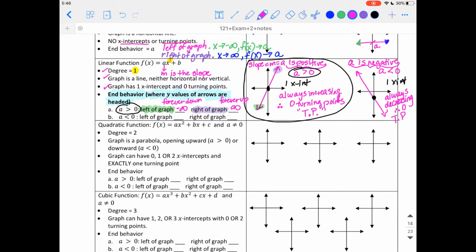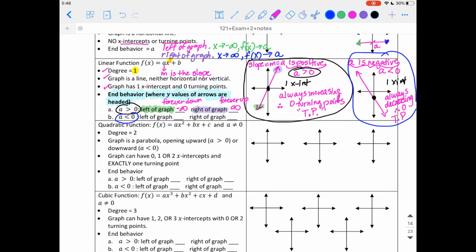Now, for a less than 0, that means that I am going to only be looking at the graph where your a value is less than 0, which in this case, since it's a line, is where our slope is negative. So I can only look at this graph right here.